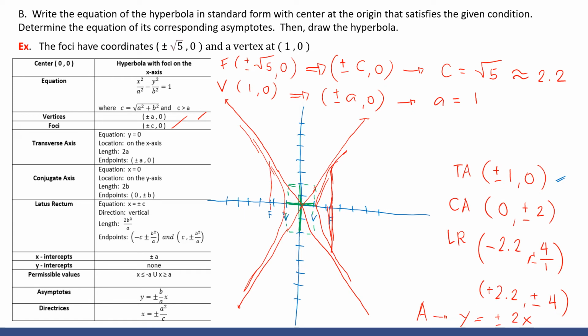Okay, and then baba ka ng 4 units. So kunwari yan yun, and then connect from the vertex, getting closer to your asymptote. Okay, and then sa kabilang side, getting closer to your asymptote. At meron ka na ulit graph ng ating hyperbola. Okay?